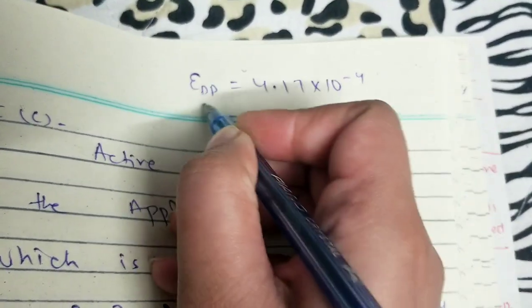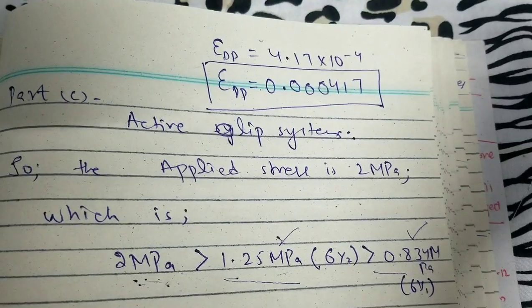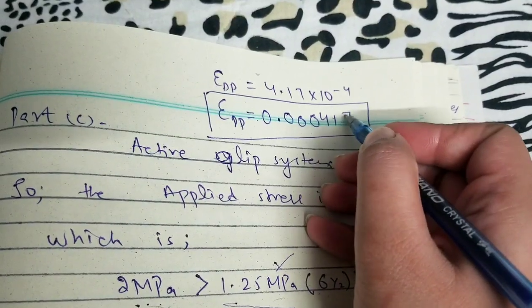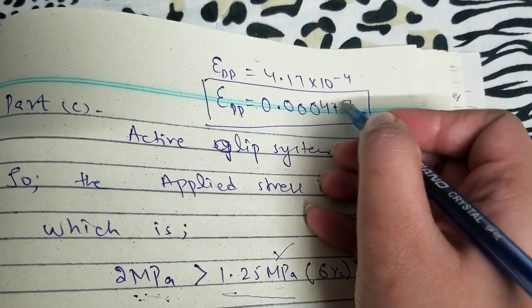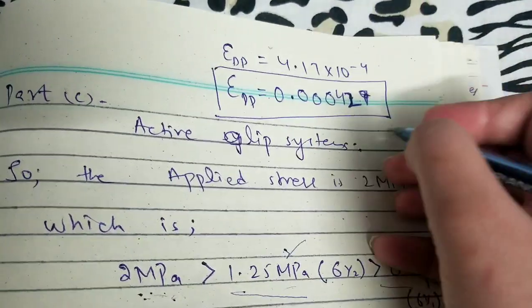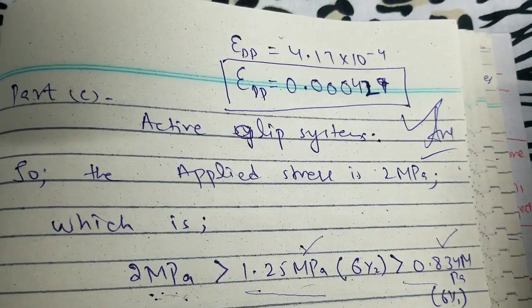So this is the largest reversible strain in the material, and you can round it off. So this is the final answer. All right, and it is done now.